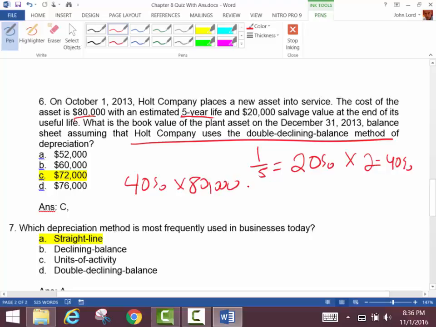And that gives me 32,000 of depreciation, right? What are they looking for? The book value on this property. Did I use this thing the whole year in that first year? I only used it for 3 of the 12 months in the year, so my depreciation for year 1 is what?